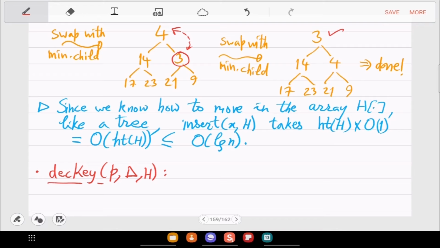How will you do this? This is actually exactly similar to insertion. Right, let's say you change 23 to 20.